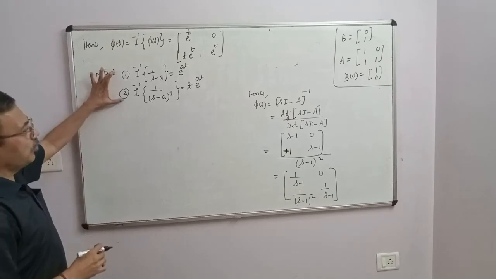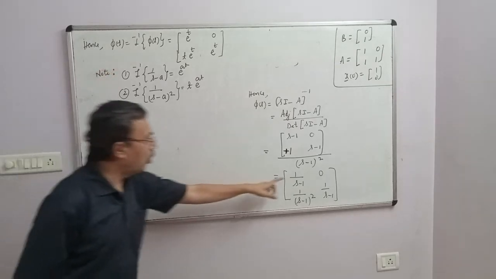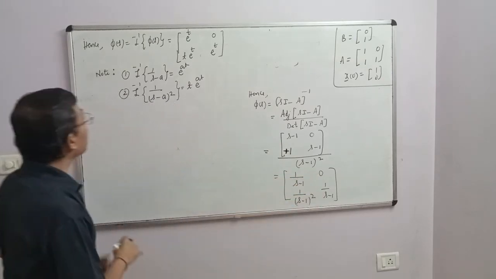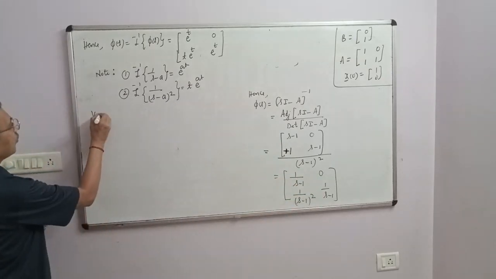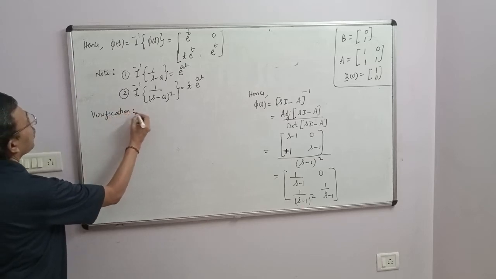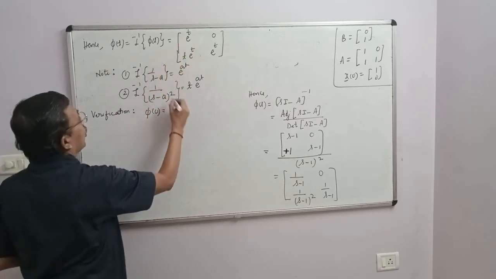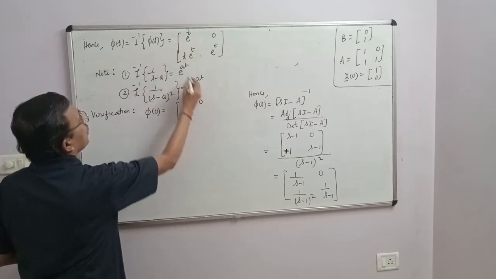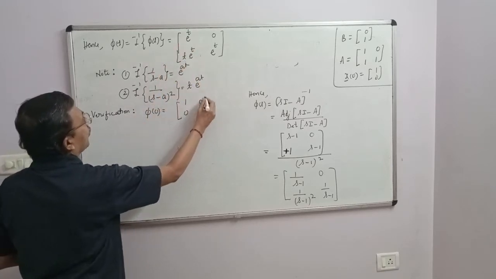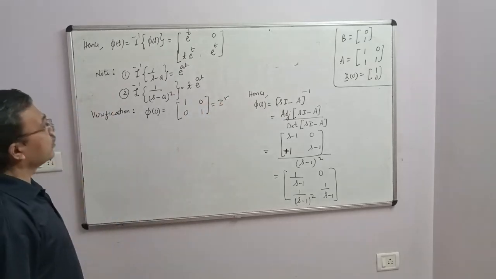These two formulae have been used to find the inverse Laplace transform of these elements. Verification: phi of 0, you put t equal to 0 here, e to the power 0 is 1, this becomes 0, e to the power 0 is 1, which is equal to I. Therefore, phi of t is correct.